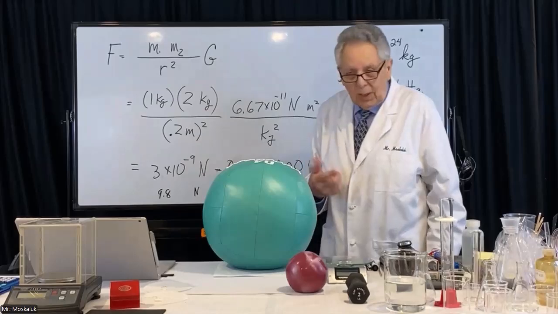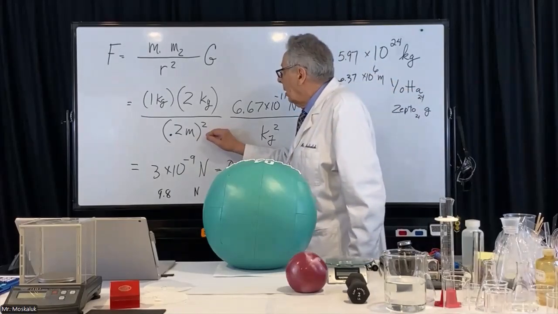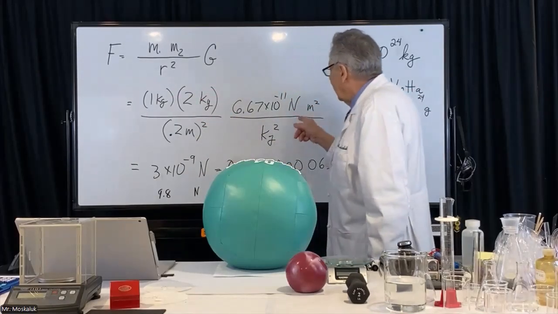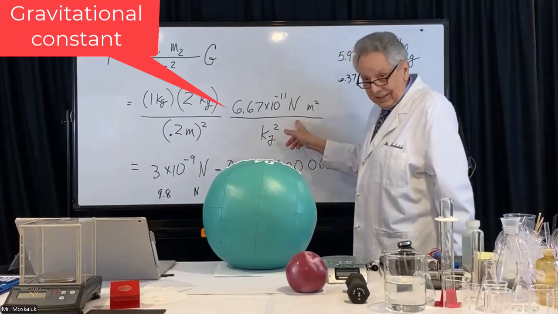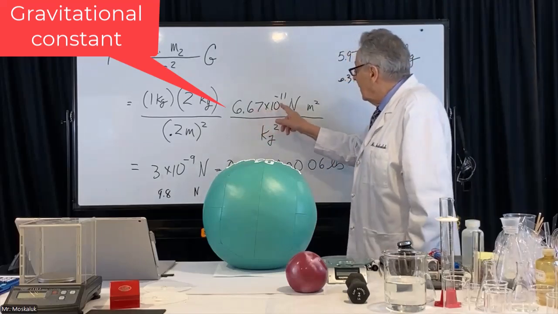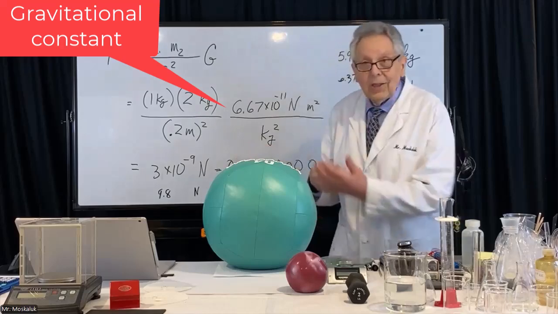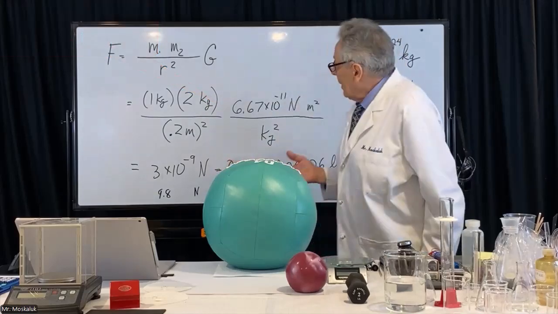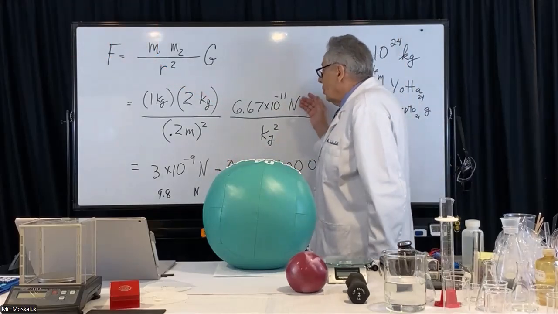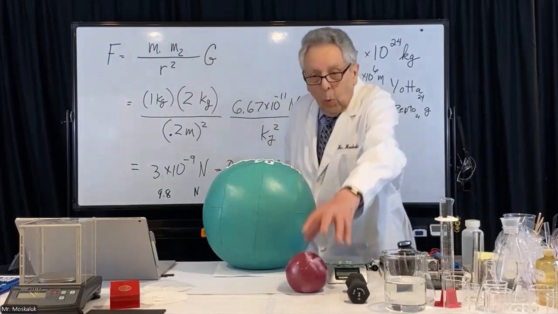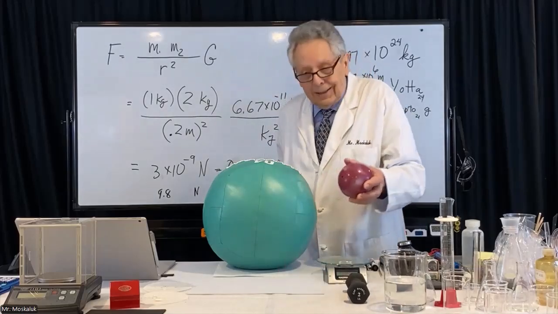In this case, 2/10 of a meter. Square, multiply, and then multiply by this, 6.67 times 10 to the negative 11. That's a pretty small number, less than a nano. And as a result, you can find out what is the degree of attraction.